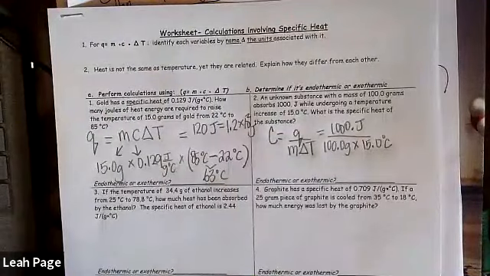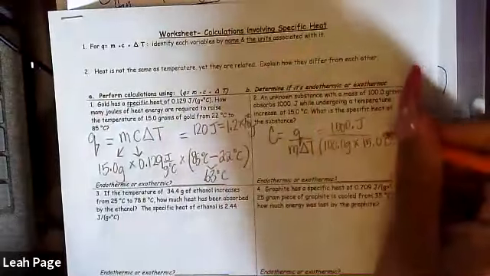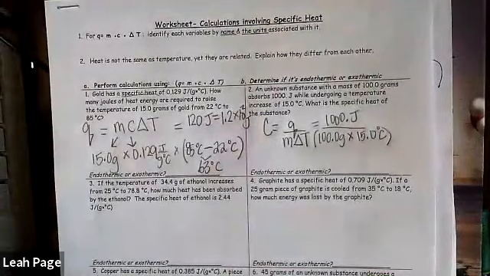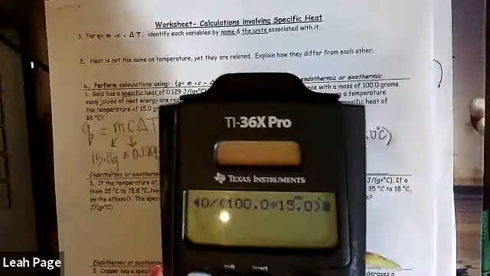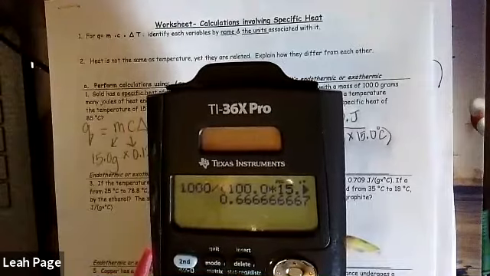So let's put this in our calculator. We're just simply gonna say 1,000 divided by 100. And when we divide these two numbers, guys, remember we need to put it in parentheses so our calculator doesn't get confused. So it's simply like saying 100 times 15. So we're gonna put it in our calculator like this. And we get 0.6666667.